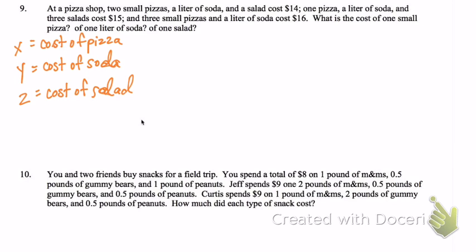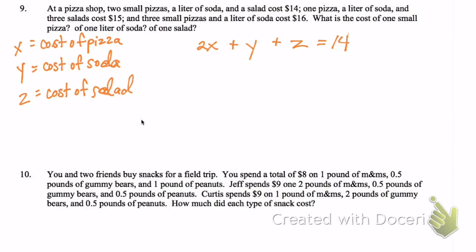Then I'm going to set up my system. So it gives me 3 different scenarios. So it says that 2 small pizzas, so 2X, plus 1 liter of soda, so plus Y, and 1 salad, so plus Z, equals $14. Since I have 3 variables, that means I need 3 equations. So you have to look for 3 in your word problem.